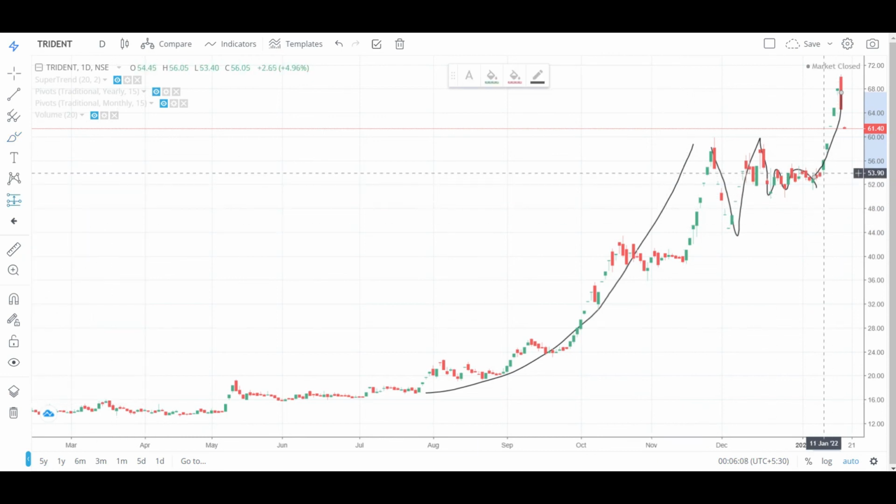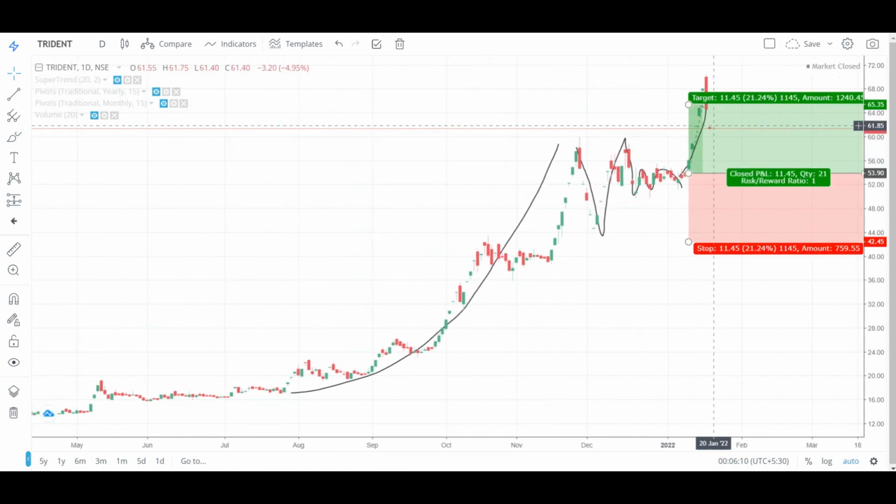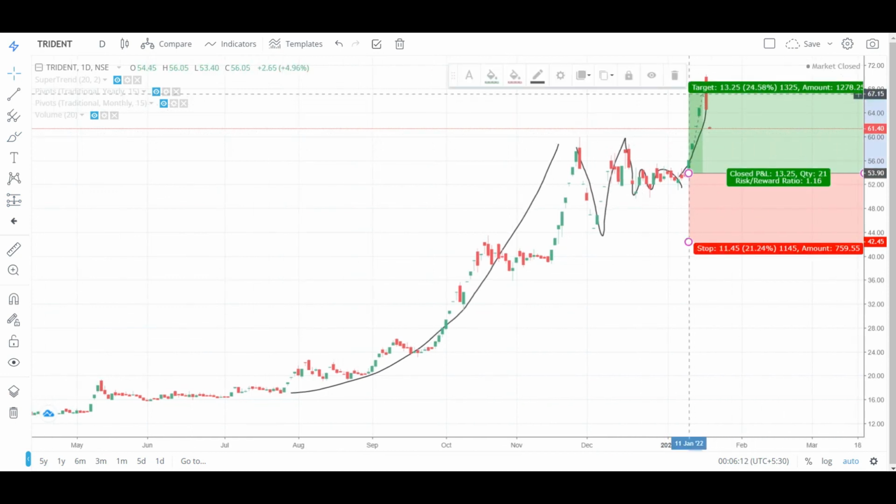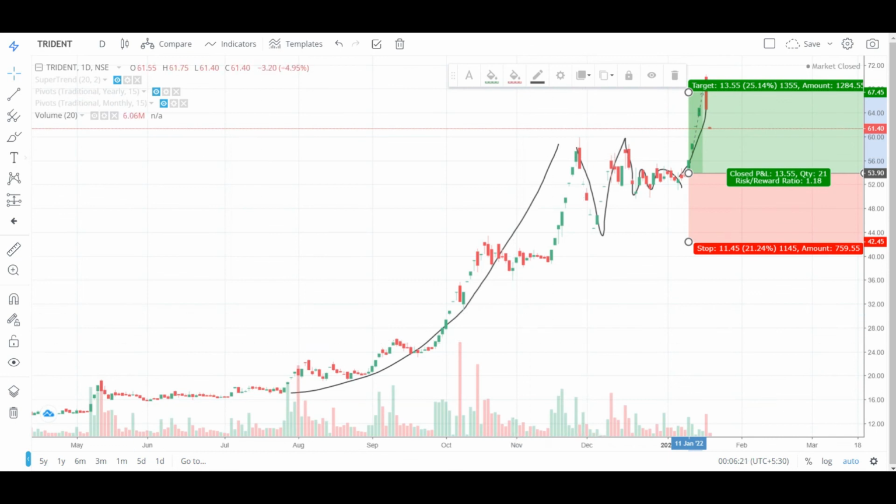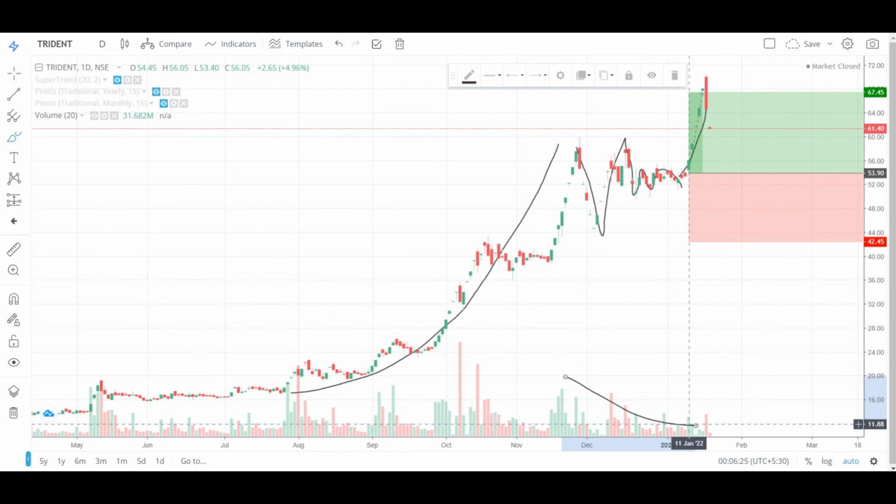Then the stock just blows your mind. Within 3-4 days you get 25% return.